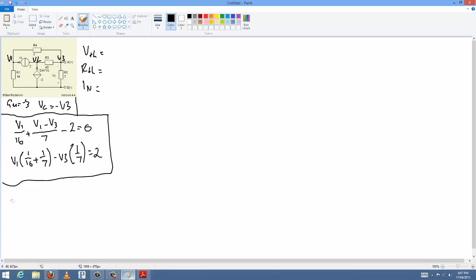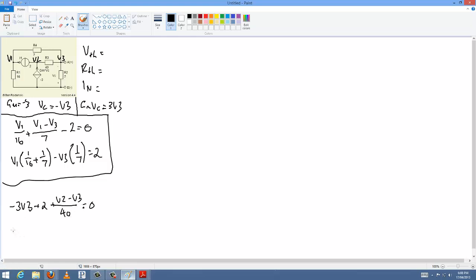We have negative GM VC, so we'll just work out that now. GM VC equals 3V3, so we have -3V3. Our current source is going out, so it's +2 plus V2 minus V3 on 40 equals 0.